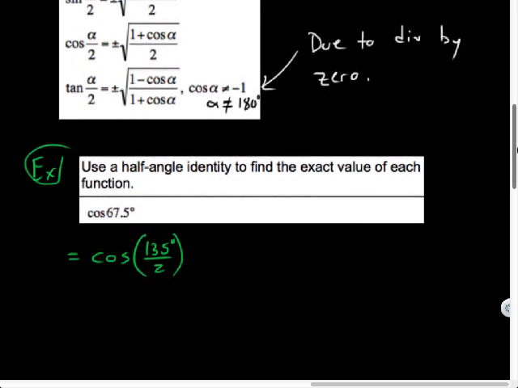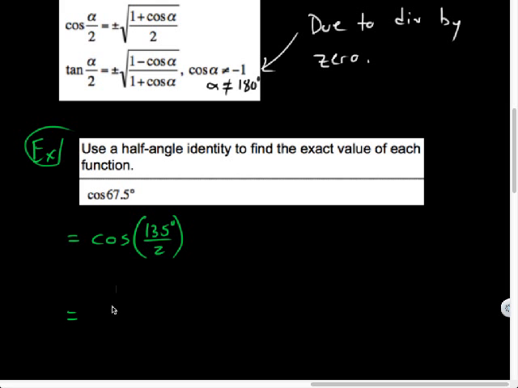So I'm expecting this to equal the square root of this big fraction, 1 plus cosine of what number? 135, okay? This right there is the common mistake. People will put 67.5 here, but notice the relationship here is alpha goes in here and half of alpha goes there. So this is half of alpha, right? And that's over 2.